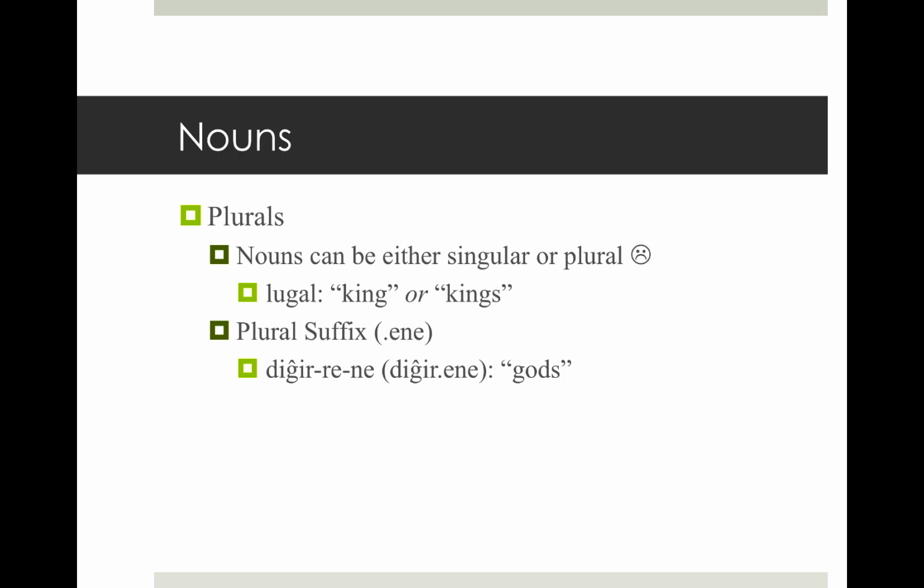If they put ene at the end of a word, that's a plural suffix for animate objects. So here, and we'll talk about why there's an R here in just a second, but dinger, re, ne, you can see the ene. See it? And if you normalize it, I think Megan talked about that in the video, you have dinger, period, ene. That's the ending. So dinger, ene, gods.